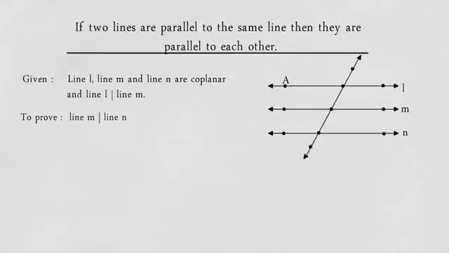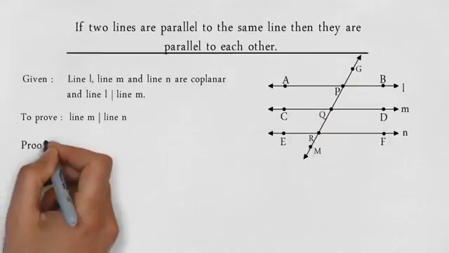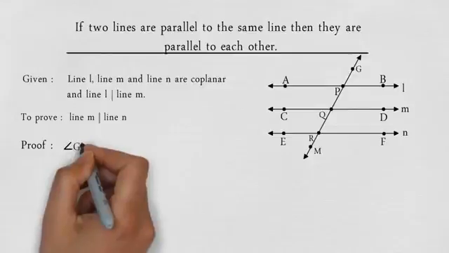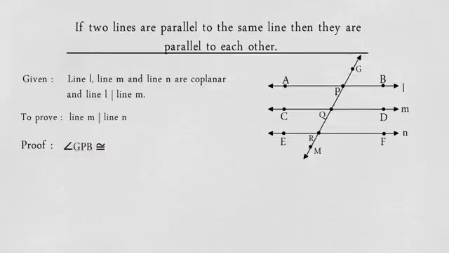Draw a transversal Q intersecting lines L, M and N in the points P, Q and R respectively. Proof. Line L is parallel to line M and Q is the transversal, that is given.